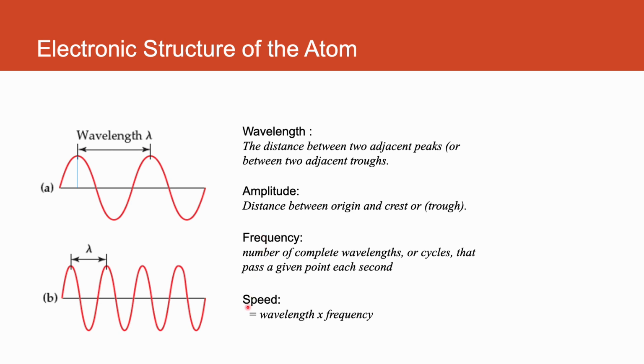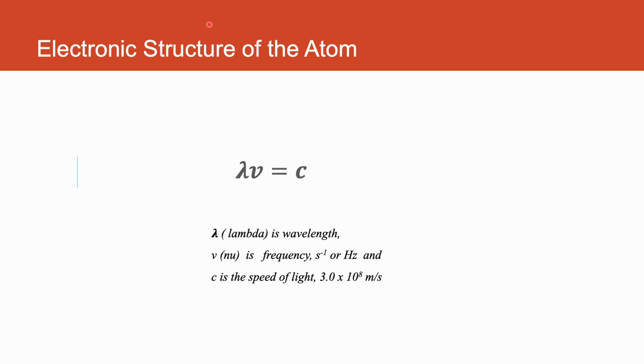Speed is wavelength times frequency. So if you multiply wavelength and frequency, you will get the speed of your wave. So you remember your wavelength, amplitude, frequency, and speed. As you can see, there is an inverse relationship between frequency and wavelength of the electromagnetic radiation expressed by the equation.